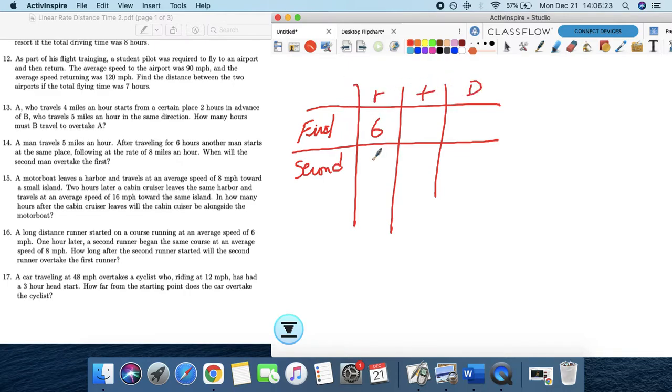One hour later, the second runner goes at 8 miles an hour. How long after the second runner starts will he overtake the first? So this guy, who had the advantage, an hour later, this guy's t plus 1. Okay, so let's find d in terms of r and t. So this is 8t. This is 6t plus 6. And when they're equal to each other, right? When one overtakes the other.